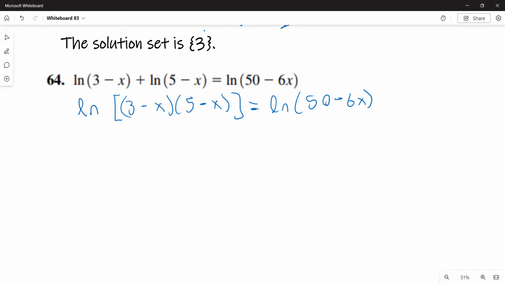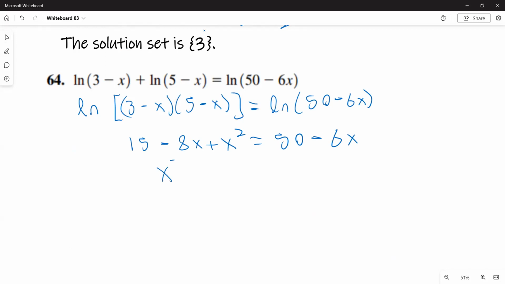And I can remove the logarithm because by the one-to-one property, this is going to be 15 minus 8x plus x squared equals 50 minus 6x. So I did two things at once. I removed the logarithms and I foiled the expression inside the logarithm.